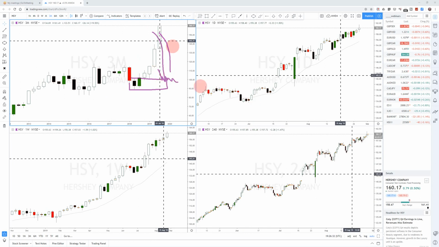Those shorts will be the orders that professional and institutional traders need to fill their buy orders, because you just cannot buy 200 or 300 million shares of Hershey if you don't have 3 million shares sold. In order to make that transaction, you need a balance between the buy orders and the sell orders. You need the same amount of sell orders and buy orders to accomplish that.